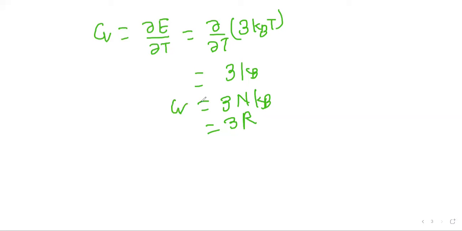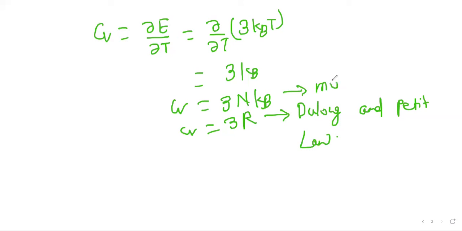So this CV is 3R, and we see that this is nothing other than Dulong and Petit's law.